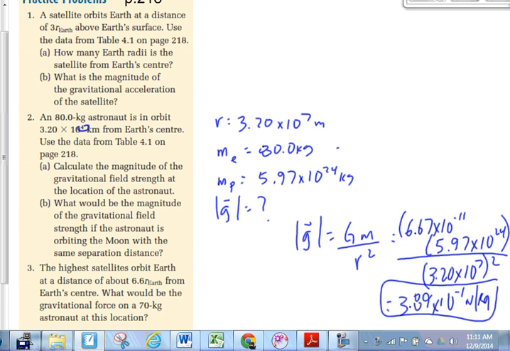Now, there is another option here. Stephanie kind of alluded to this in a question earlier on. You could calculate the force using G m1 m2 over r squared, get the force of gravity between the two objects, and then turn around and say that g is equal to F over m using the experiencer equation.